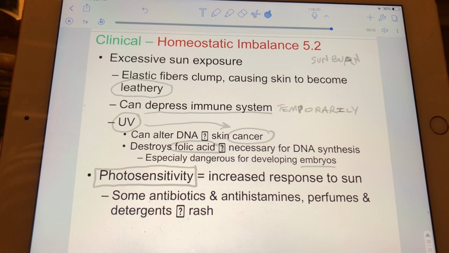One reason is that exposure to sunlight and UV causes elastic fibers, primarily in the dermis, to clump together. That pulls on the skin in the regions of those clumps, making the skin appear leathery. So there's an aesthetic issue with excessive sun exposure.